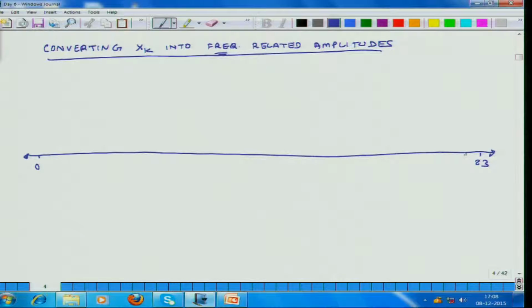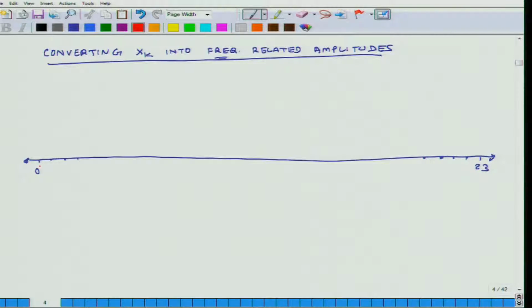So that is 22, 21, 20, 19, and here it is 1, 2, 3 and so on. What we saw was that at k equal to 0 the value was 0.